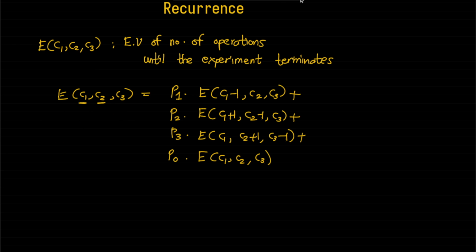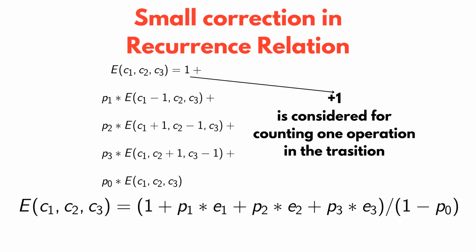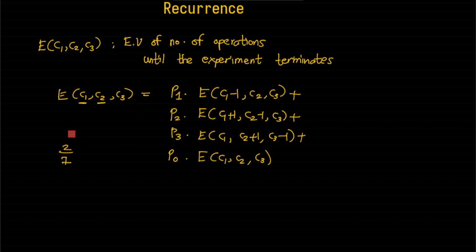Now let's try to simplify this. Assume this is the final answer that we are computing. Notice that this term is same as this. Let me also write down what will be the values for P1, P2 and P3.